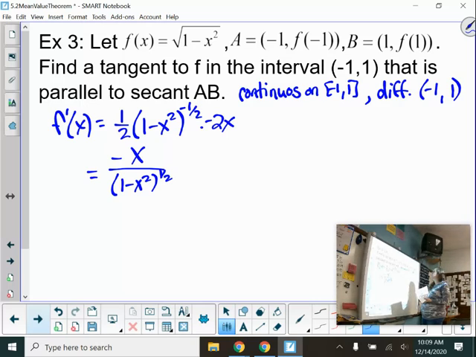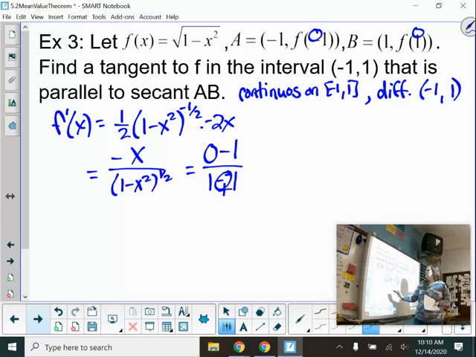My average slope from A to B, so I'm going to set this equal to f of 1 minus f of -1. Well, if I plug in 1 here, I'm going to get 0. If I plug in -1, I'm going to get 0. So I have 0 minus 0 over 1 minus -1, which is going to be 2.